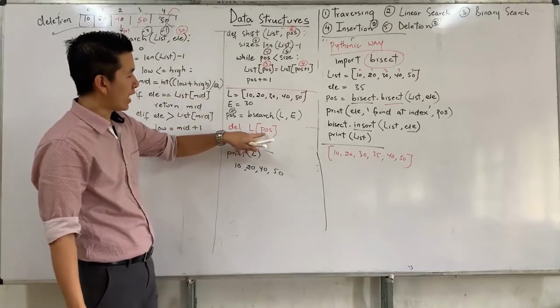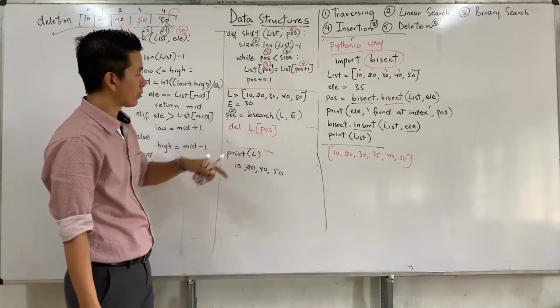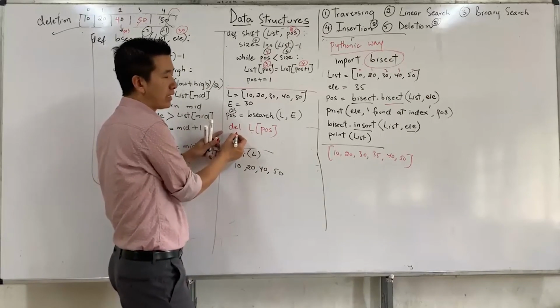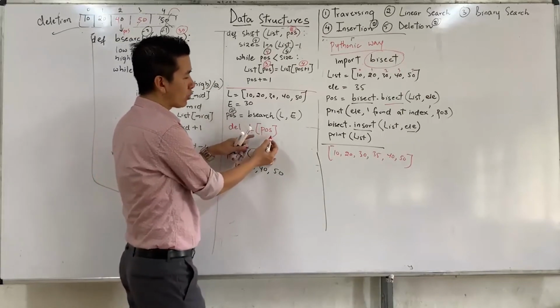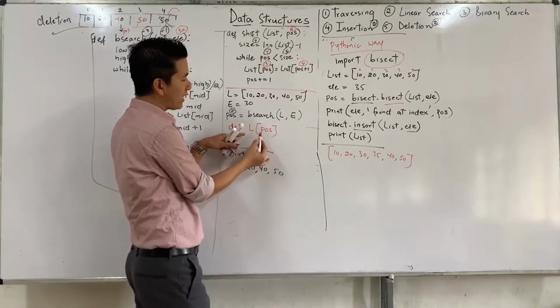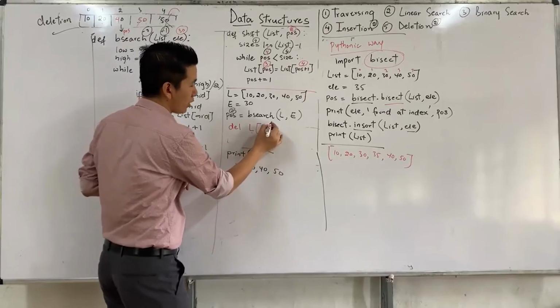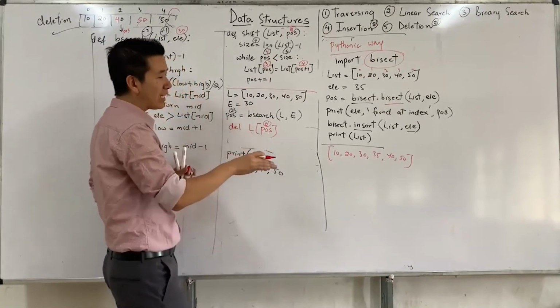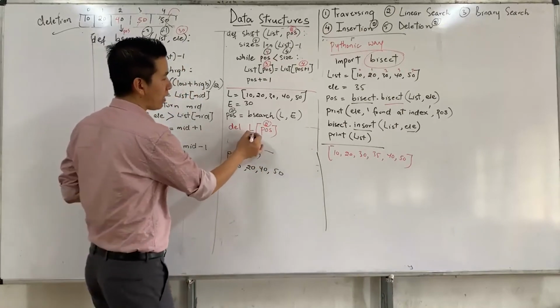The position, the value of position is 2. So this del keyword will delete the element which is located at the index of position in the list. So the value of POS is 2, and del will delete the element L of 2.